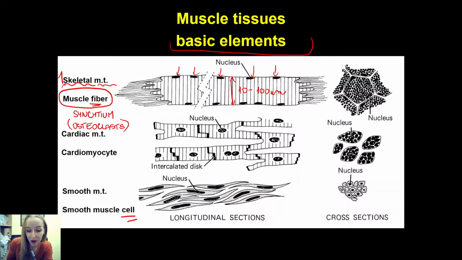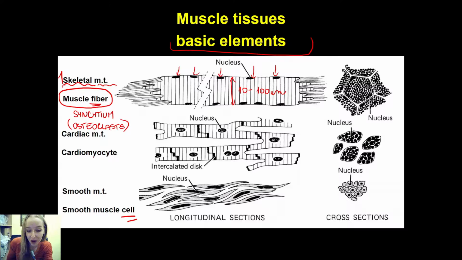Myofibrils, which are the smaller units of muscle fibers, are composed of cytoskeletal proteins, cytoskeletal structures. There are so many inside of the muscle fibers that, because of the myofibrils, the nuclei are pushed to the periphery.